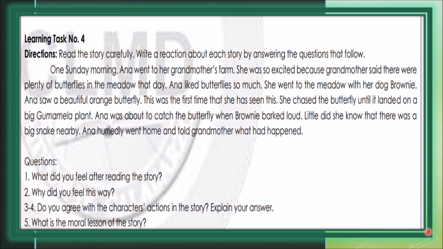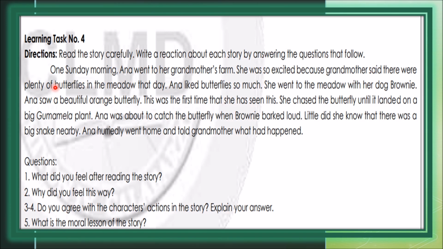One Sunday morning, Anna went to her grandmother's farm. She was so excited because grandmother said there were plenty of butterflies in the meadow that day. Anna liked butterflies so much. She went to the meadow with her dog, Brownie. Anna saw a beautiful orange butterfly. This was the first time that she had seen this.